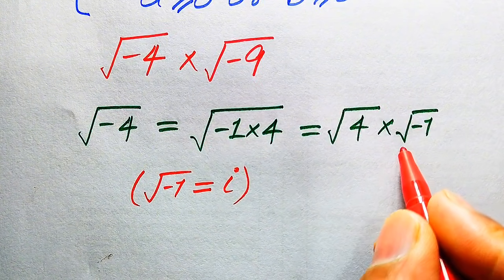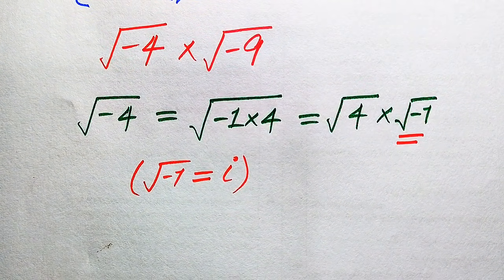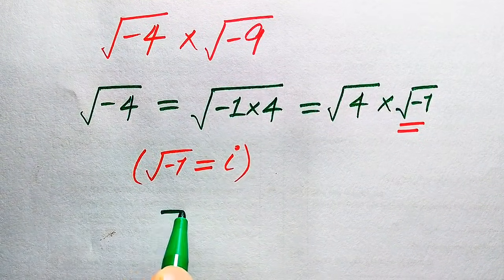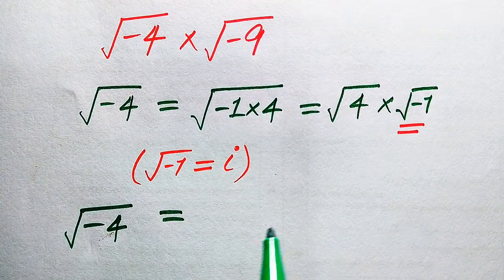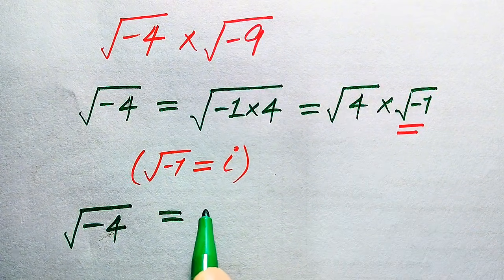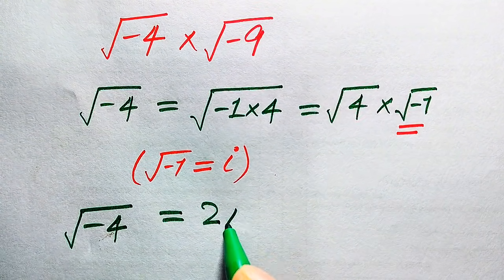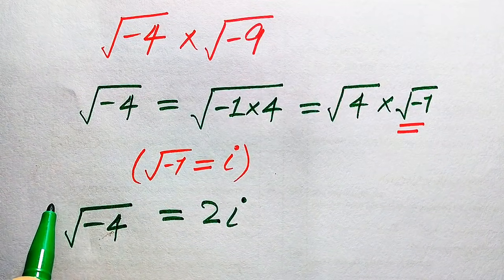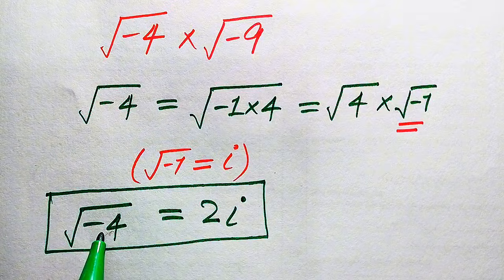Now we replace square root of minus 1 with iota, and we obtain the value of square root of minus 4. We know that square root of 4 becomes 2, and square root of minus 1 becomes iota. So square root of minus 4 is 2 iota.